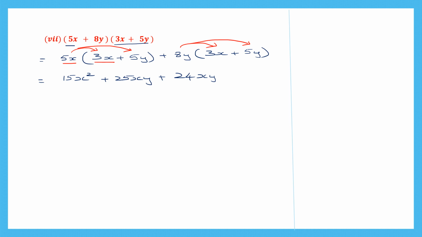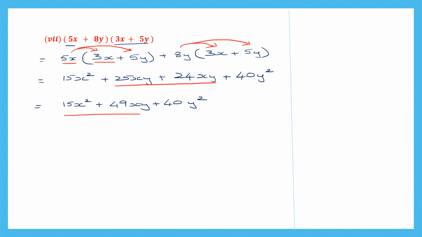The sign is plus, 8 fives are 40. Y into y is y square. So here now these are the like terms that we need to work on. So everything else remains the same. So this is 15x square plus 25 plus 24 is 49xy plus 40y square. So this is our answer, 15x square plus 49xy plus 40y square.